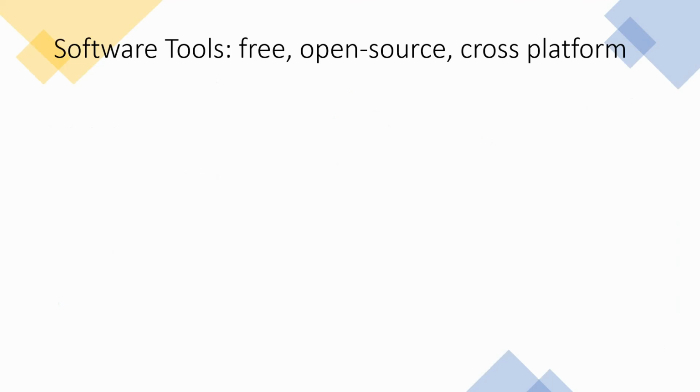A quick list of software tools I'm going to use. All of them are free, open source, cross-platform. From my point of view, all of them are optional. It's perfectly fine if you use different tools.